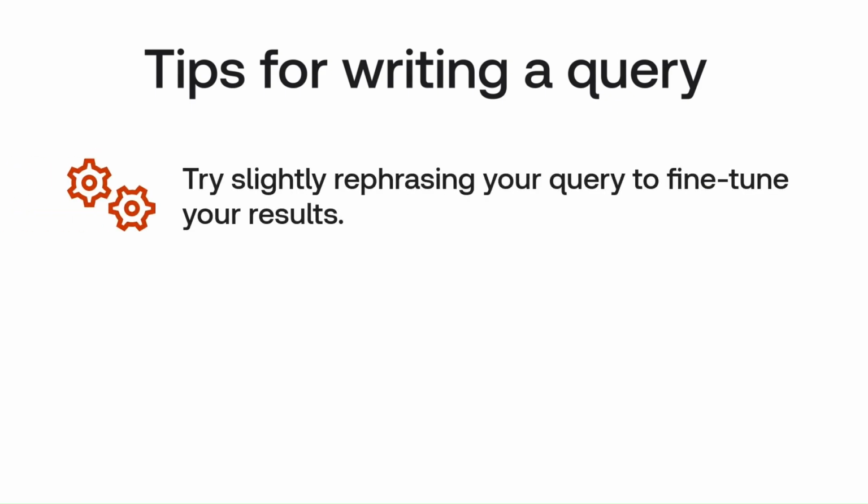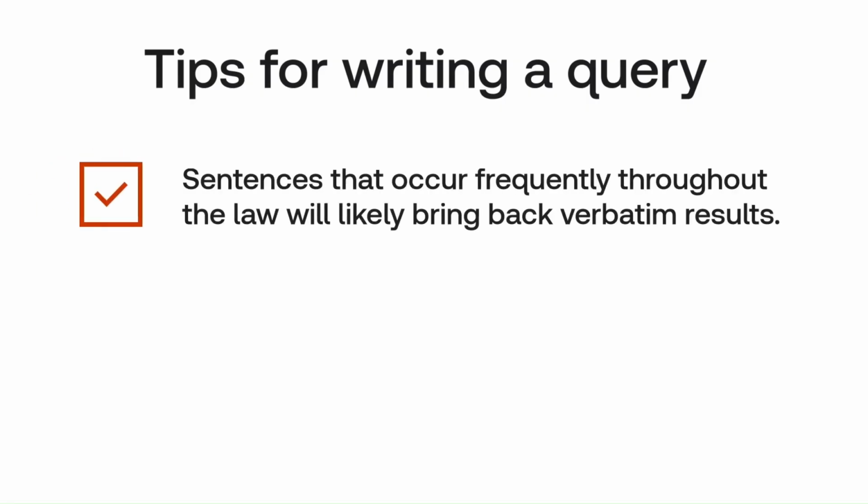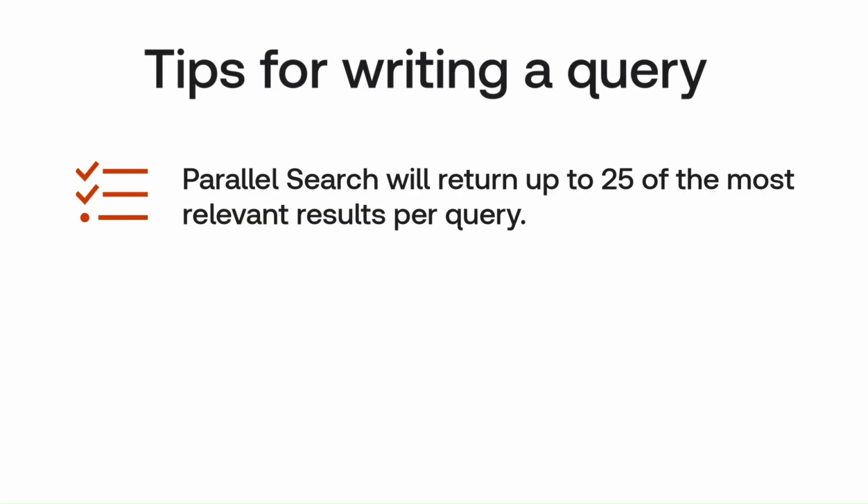Try slightly rephrasing your query to fine-tune your results. Parallel search considers punctuation when analyzing queries but ignores capitalization. Sentences that occur frequently throughout the law will likely bring back verbatim results. Parallel search will return up to 25 of the most relevant results per query.